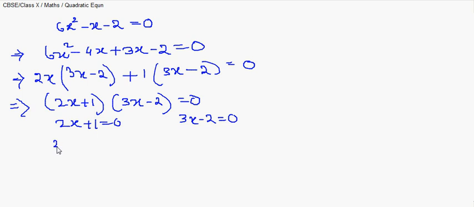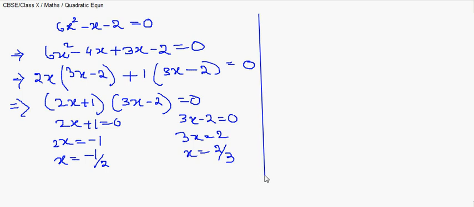So 2x is equal to minus 1 and x is equal to minus 1 by 2. This gives us 3x equals 2 and x equals 2 by 3. We will be taking a couple more examples on a similar note.